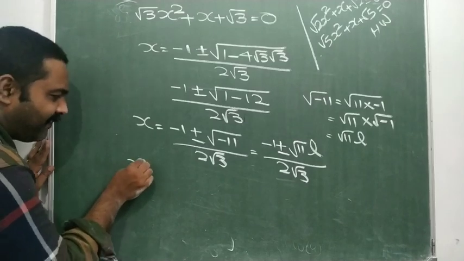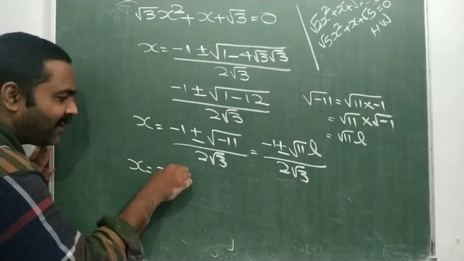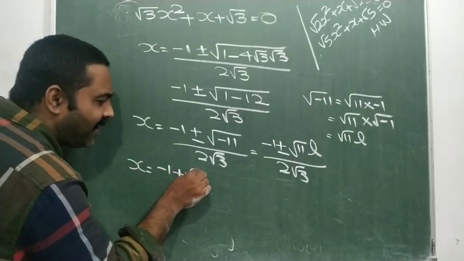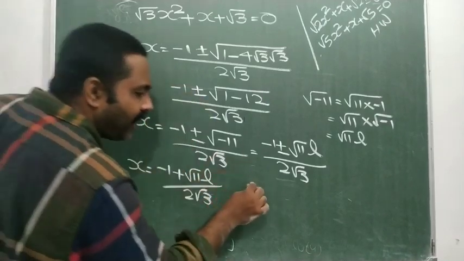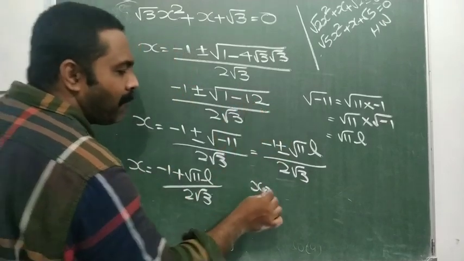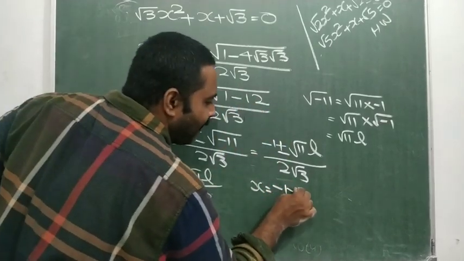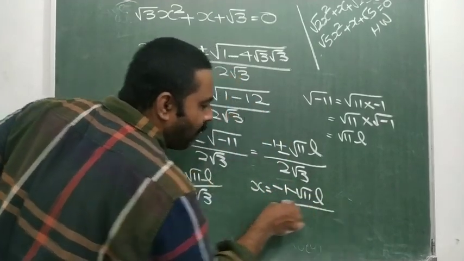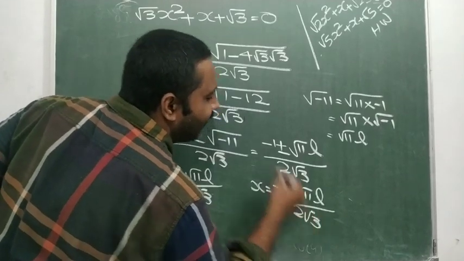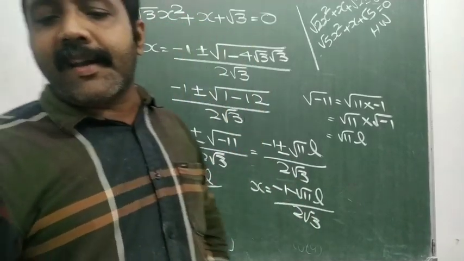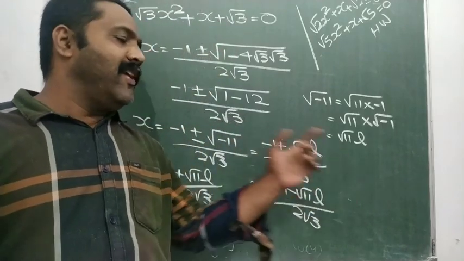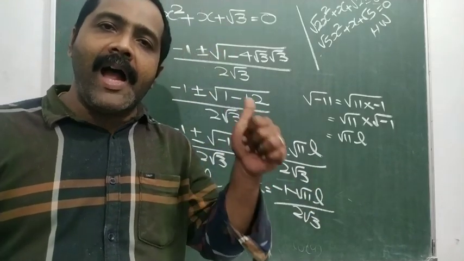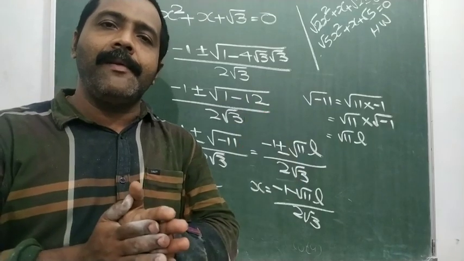Separate it. x is equal to minus 1 plus root 11 i by 2 root 3, or x is equal to minus 1 minus root 11 i by 2 root 3. The roots are imaginary roots involving the term i. Okay? Bye bye.